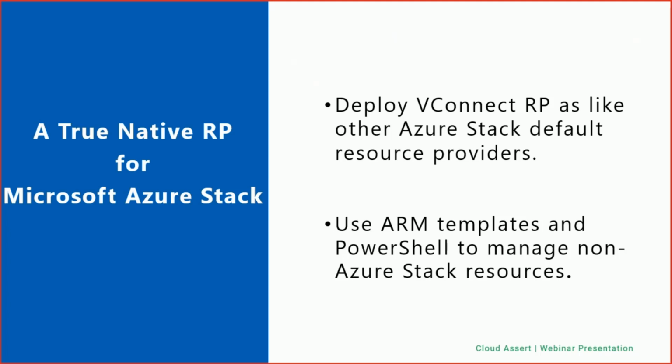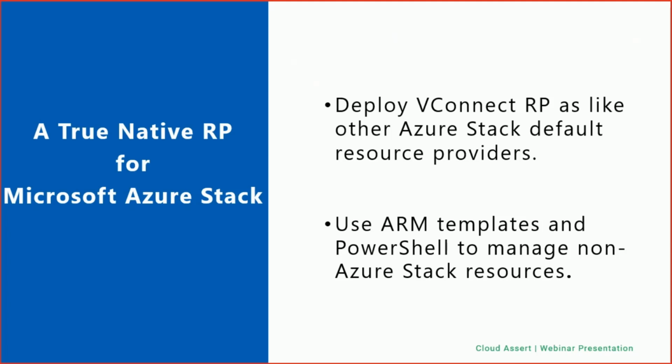We built VConnect as a true native resource provider for Microsoft Azure Stack. There are a bunch of resource providers that come out of the box with the Azure Stack: compute, storage, network, and other RPs like SQL RP, websites, and so on.